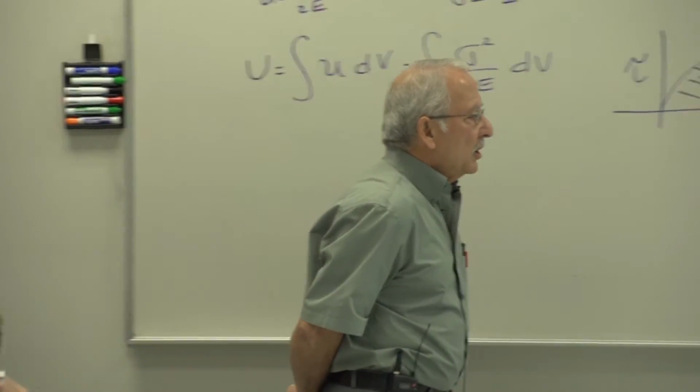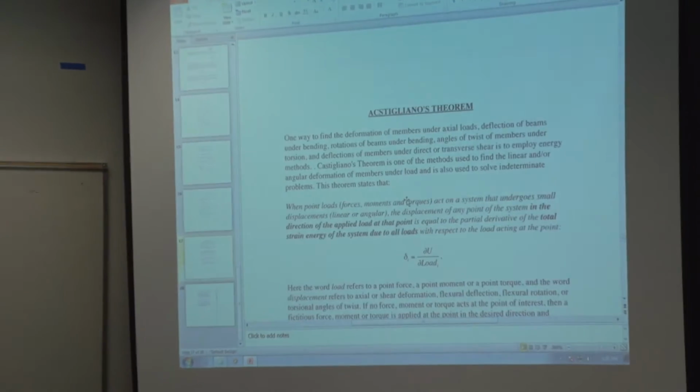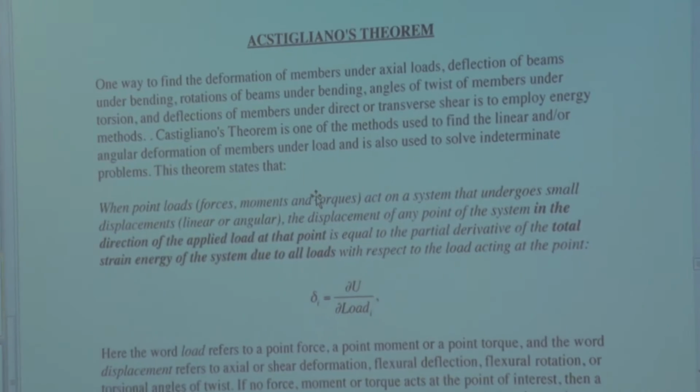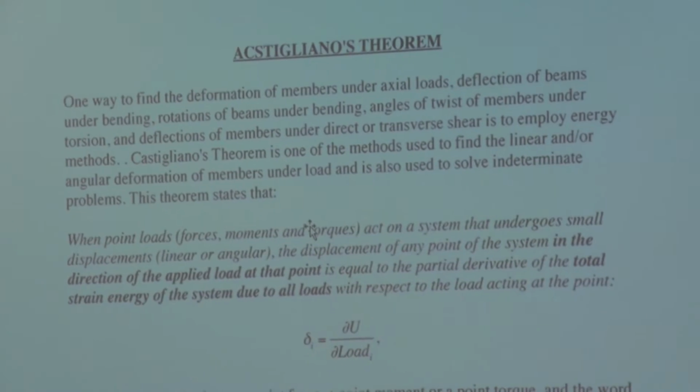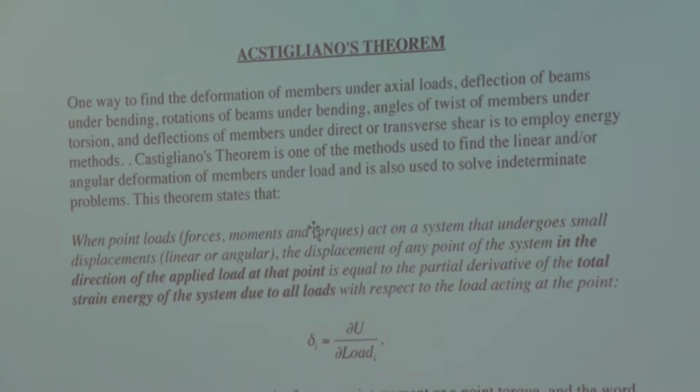Okay, now that we are through with the definition of strain energy, here is its application. In ME 219, you learned a few methods for finding deflections in beams, including this one, by the way.